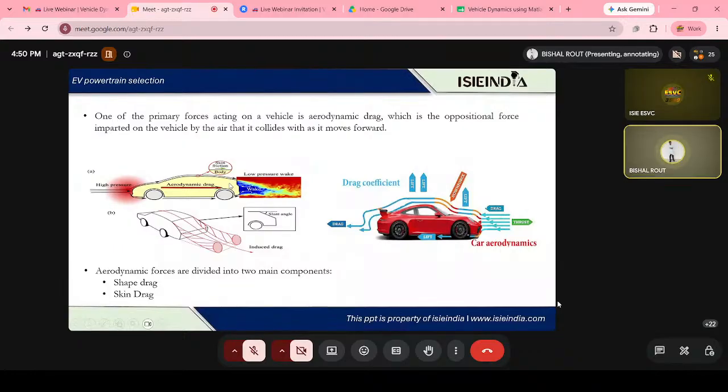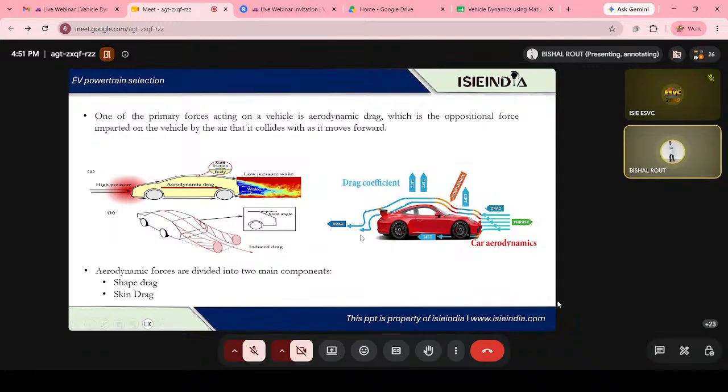Aerodynamic drag force is segregated into two types: shape drag and skin drag. What is shape drag? Shape drag depends upon the shape of the vehicle. For example, in the front side of a vehicle a lot of air is passing, and you find a higher amount of pressure building up there. The air takes time to pass, so compared to the front, the rear side experiences low pressure.